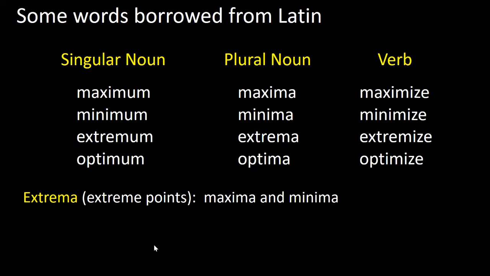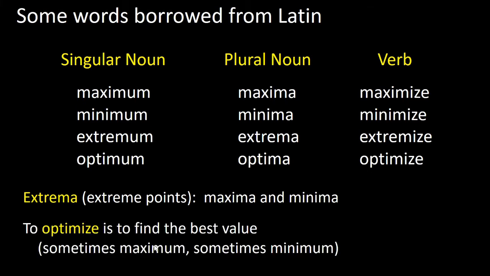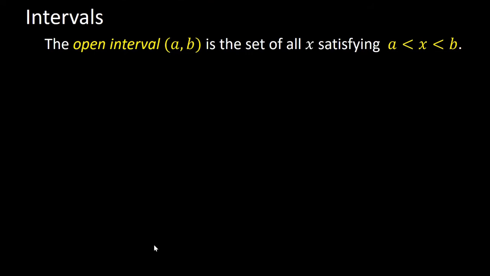These are all included as extreme points and values. We're not really ready to talk about optimization yet, but when we do, we're asking for the best value. Sometimes the best value is the maximum. Sometimes it's the minimum.